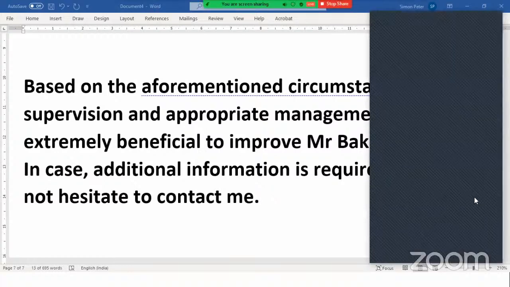Yes, based on the aforementioned circumstances, ongoing monitoring and further assistance in this case would be highly appreciated. If any additional information is required, comma, p small letter, please do not hesitate to contact me.